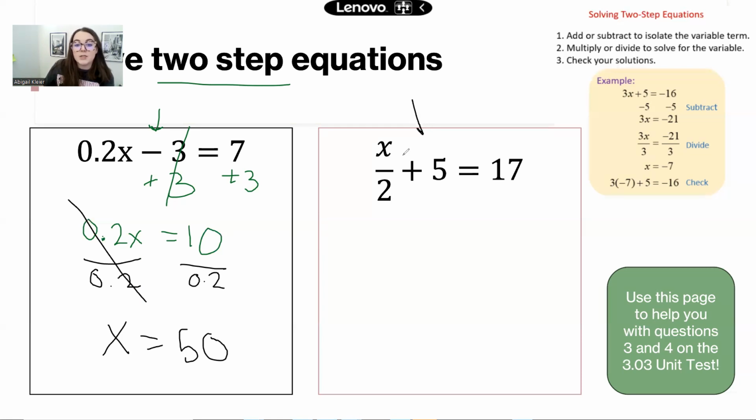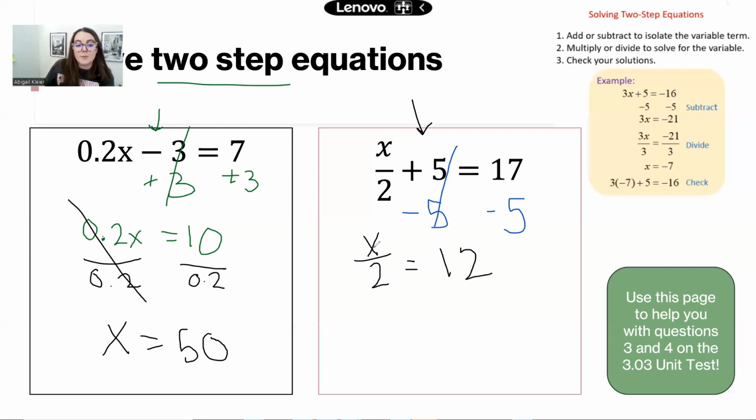The first thing that I notice I need to get rid of is this +5. So what gets rid of +5? Well, subtracting 5 from both sides. This would leave us with x divided by 2 equals 17 minus 5 is 12.